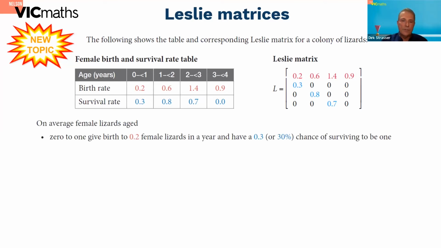Just to be clear on this, what both the table and the Leslie matrix are saying is that on average, female lizards aged 0 to 1, so they're not yet 1 year old, give birth to 0.2 female lizards in a year and have a 0.3, or 30%, chance of surviving to be 1 year old, to go to the next age group.